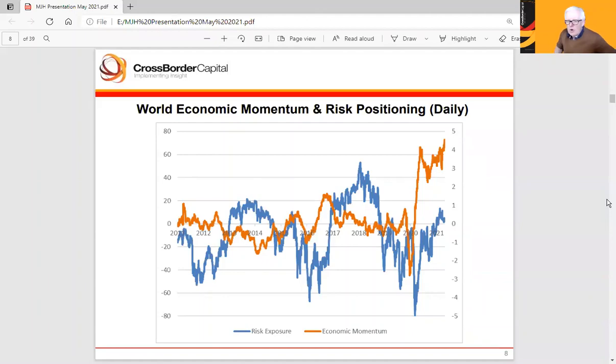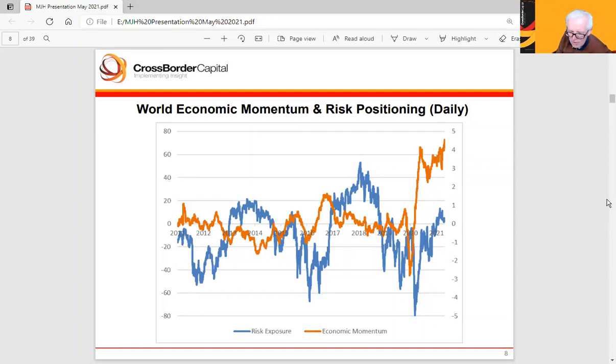What does it mean for economies? Well, this is daily data, which goes up to the end of last week, but I think it's illustrative in a couple of directions. The orange line is a measure of economic momentum, and we get that by looking at all economic data releases that come through Bloomberg.